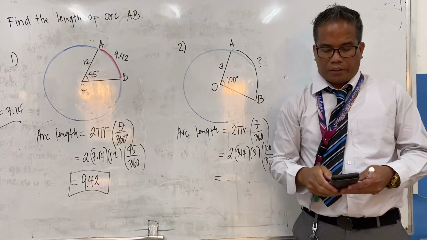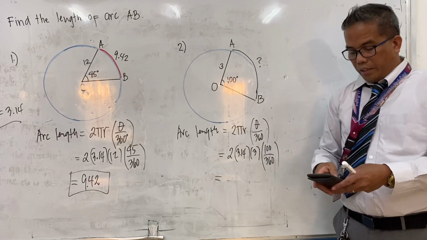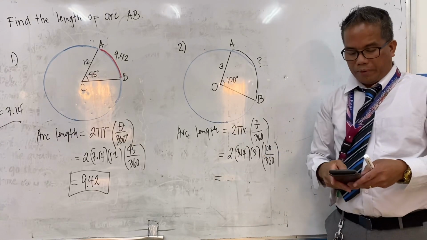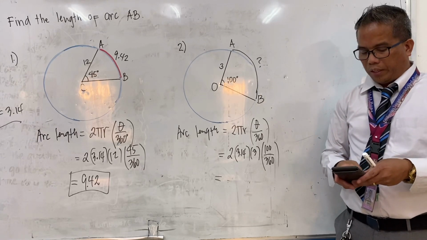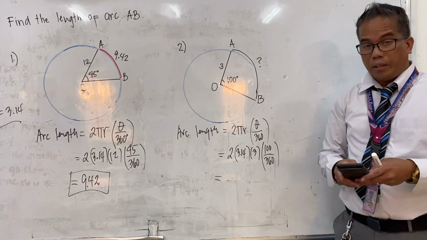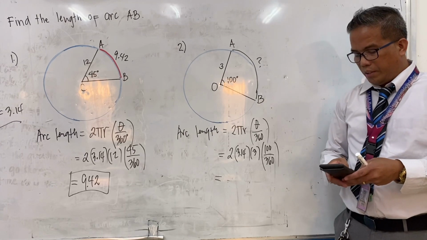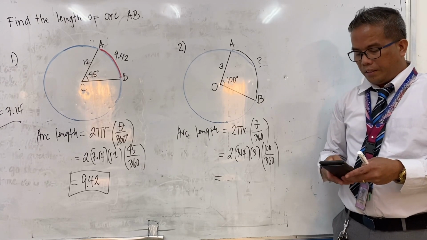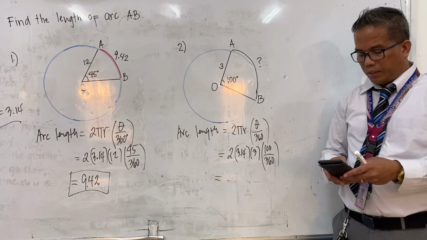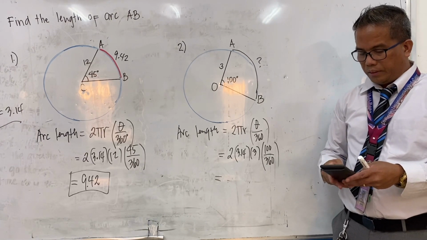Enter 2 times 3.14 times 3 times 100, divided by 360.